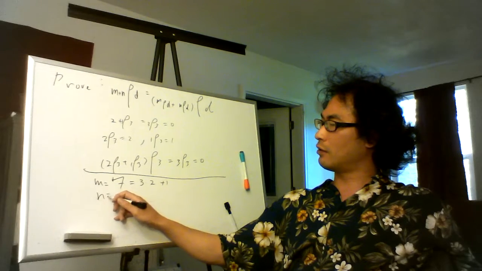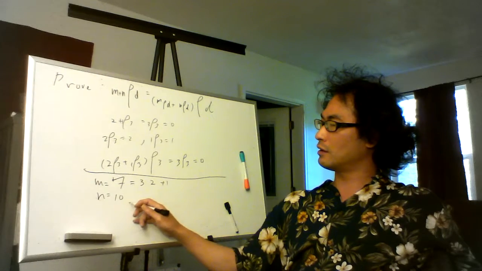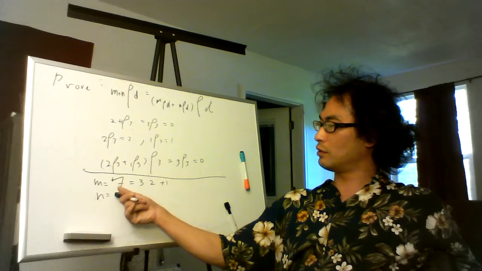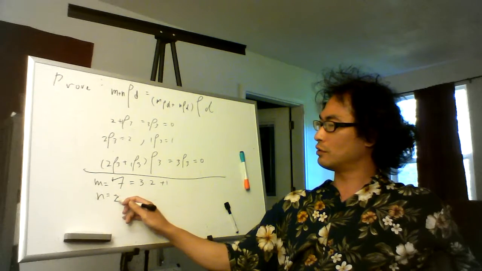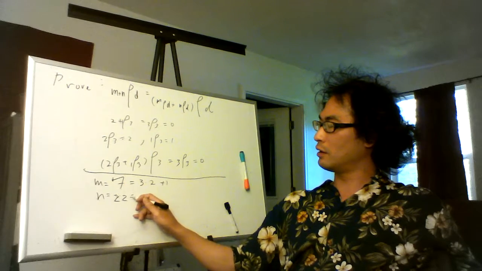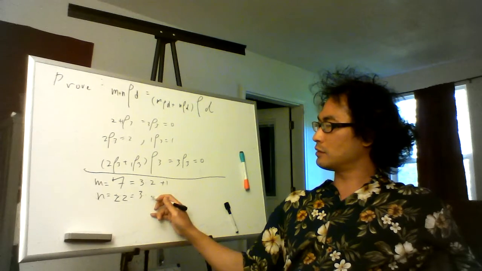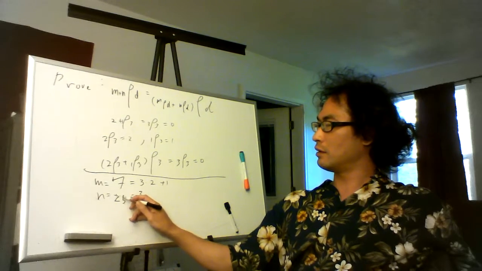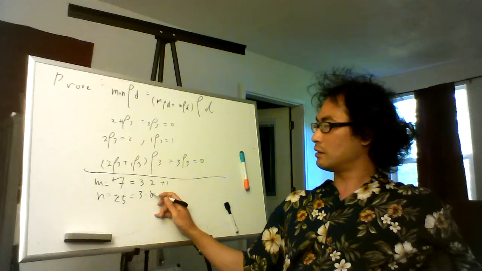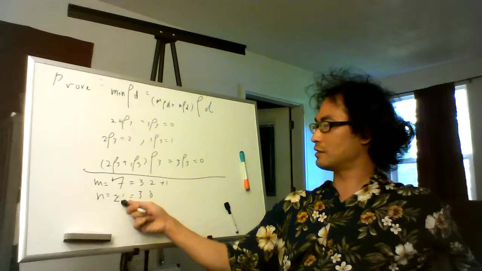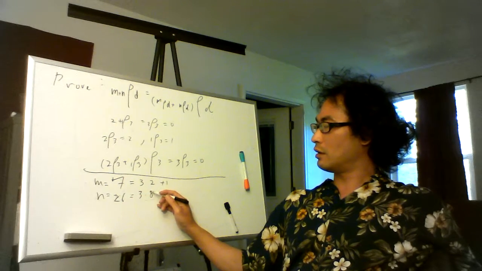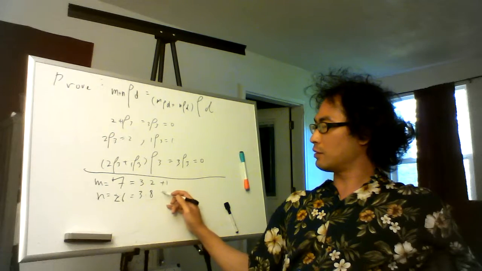And let's say n is 26. Let's say 22, no, 25, how about that? 3 times 8, no, 26, which is 3 times 8 plus 2.